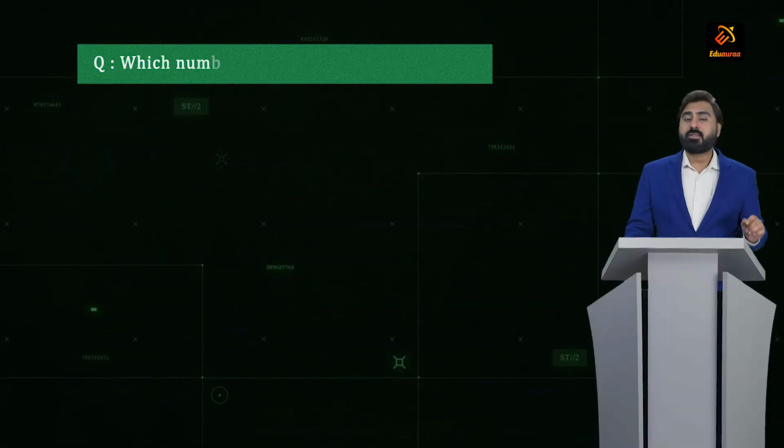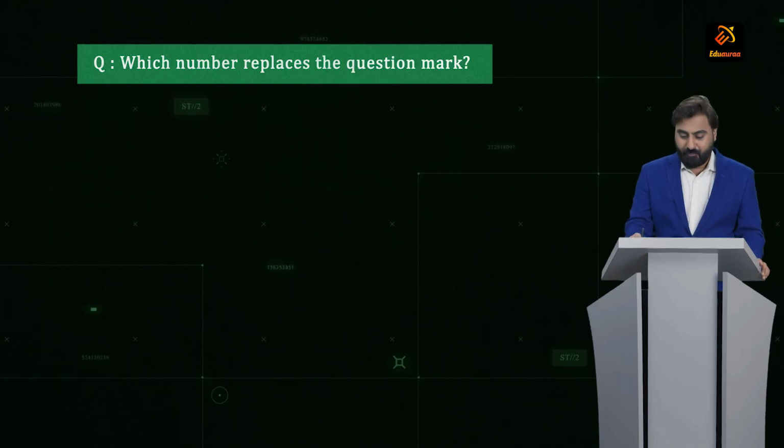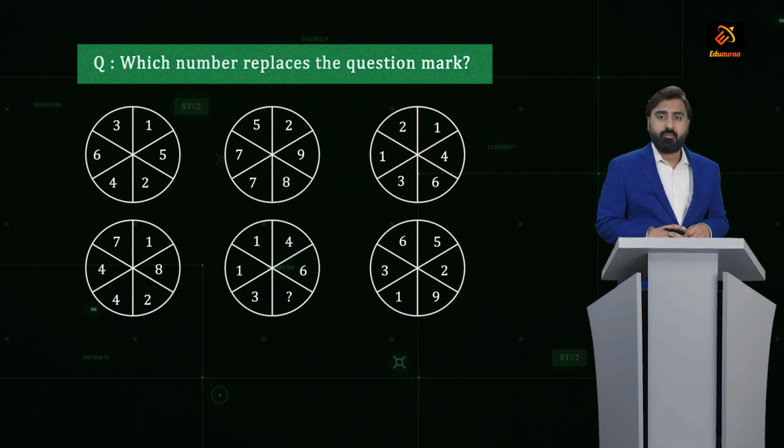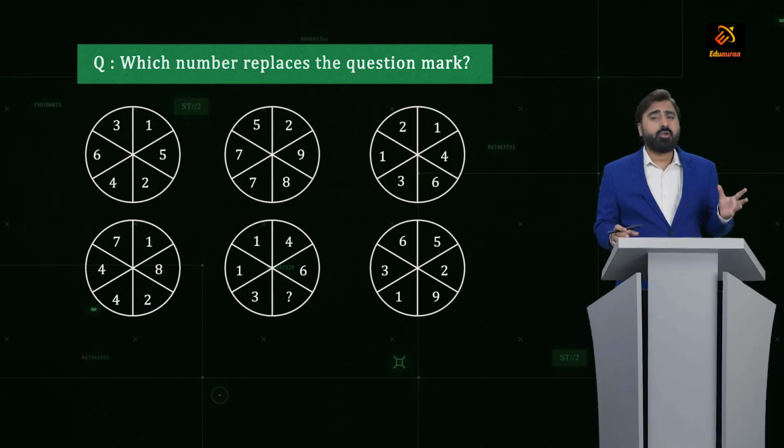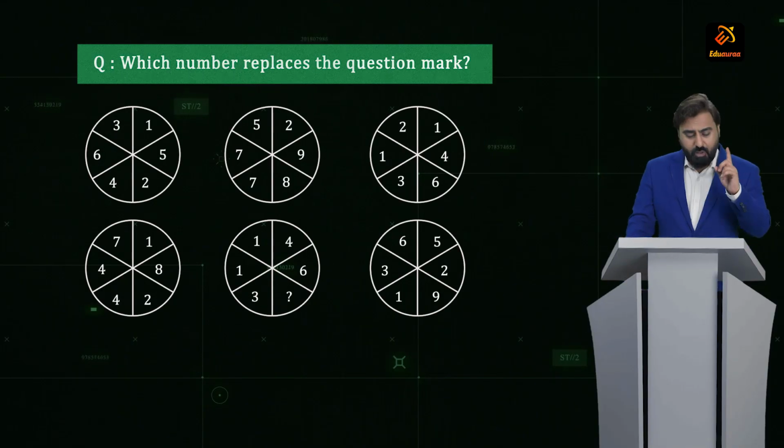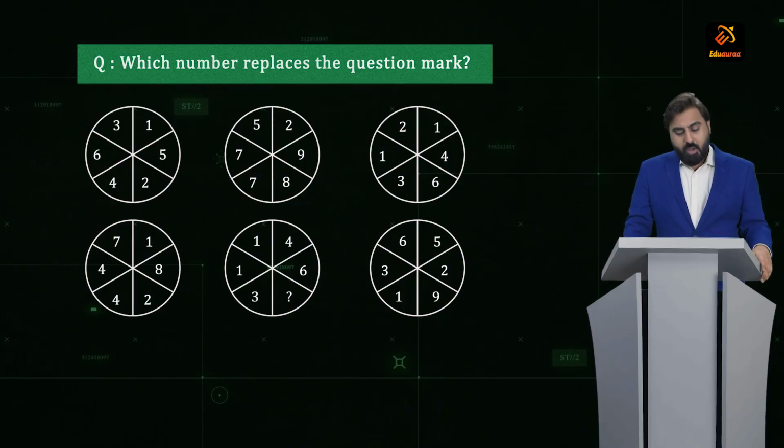End of your sum. Moving on to the next question, students. The next question is, which number replaces the question mark? And the diagram here is, there are 6 different circles, or you can say 6 different ovals given to us. The first oval has numbers 1, 5, 2, 3, 6, 4.